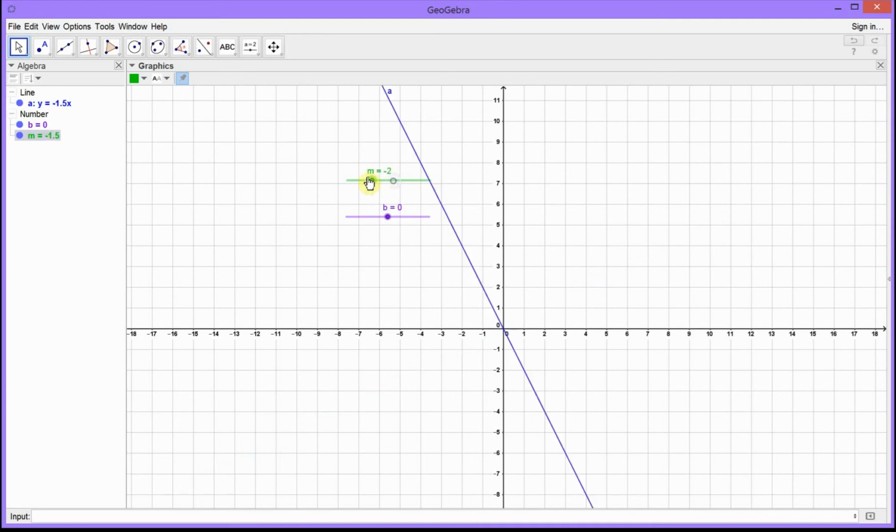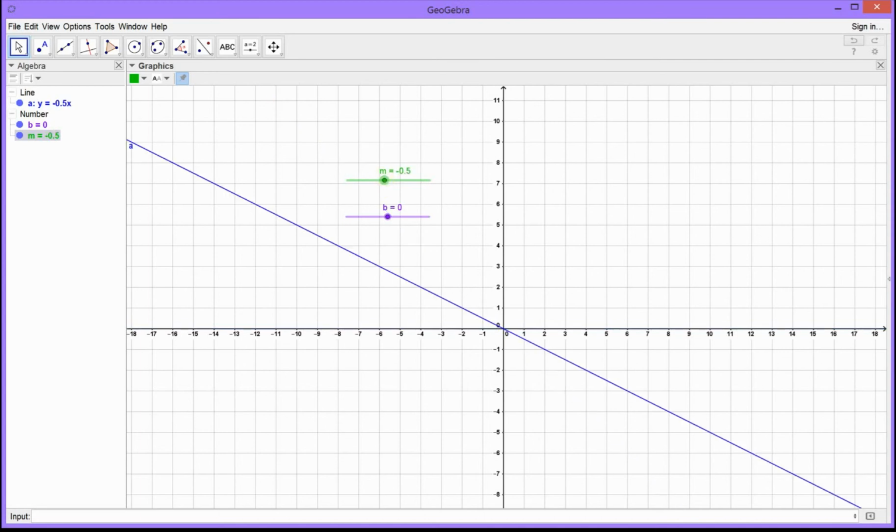Now, even if it's a negative slope, we can still say it's steep. This line has a very steep negative value. This line is negative, and it's not very steep.